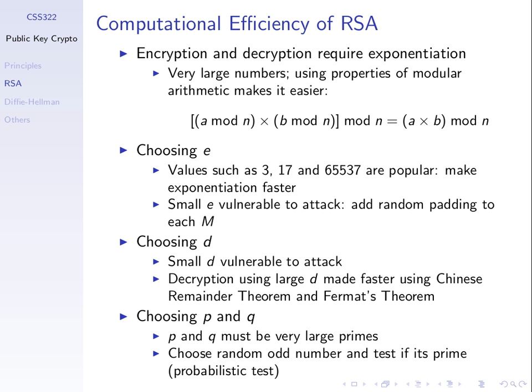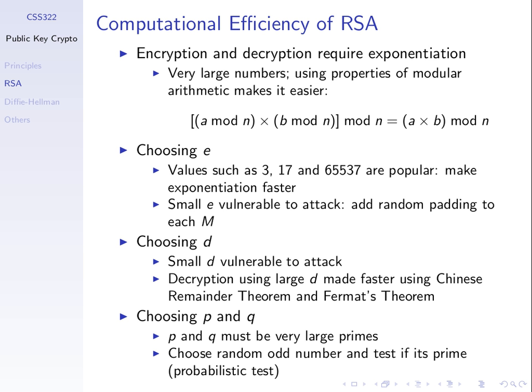Even though we use very large numbers and we do exponentiation, that is c to the power of some large number to the power of some other large number, we get a very, very large number. We can use these modular arithmetic properties to make those calculations faster. So it's feasible to implement in a short amount of time.